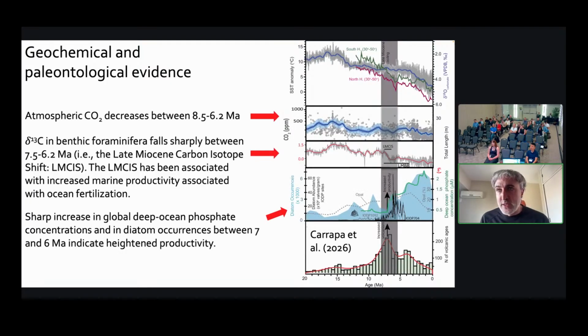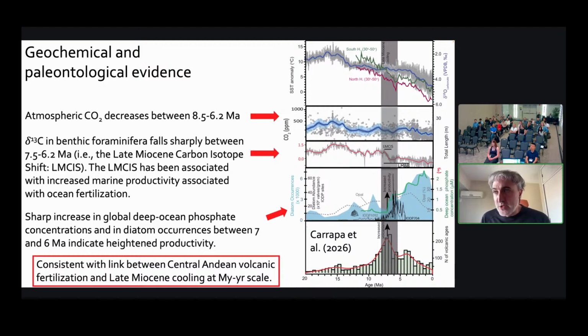Finally, there's a sharp increase in deep ocean phosphate concentrations, and also in diatom occurrences, between 7 and 6 million years, based on marine core records, which all point to heightened productivity.